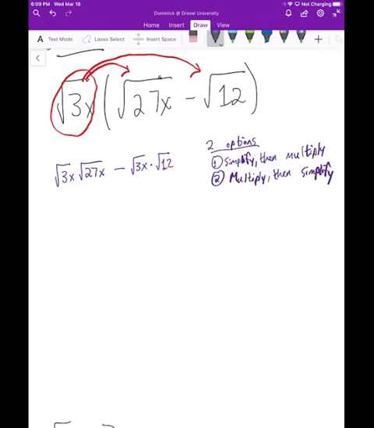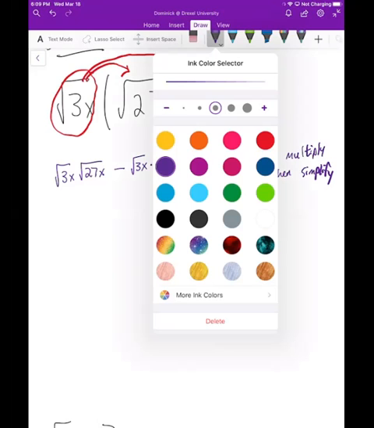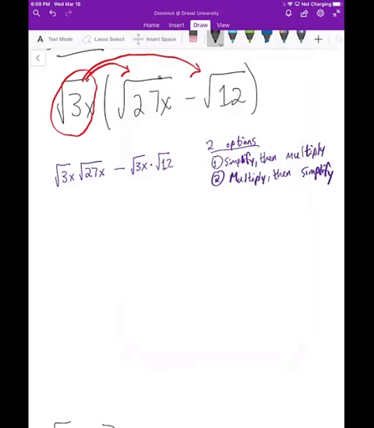All right, and it doesn't really matter. In certain scenarios, it works out better to simplify first, so that way your numbers don't get too large. But I think in this case, we should be fine just multiplying first and then simplifying.